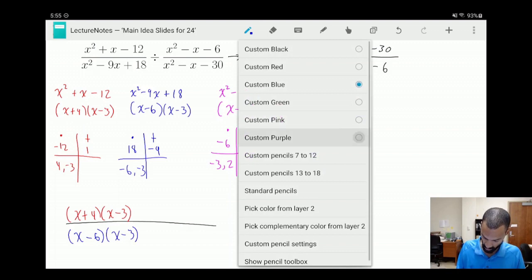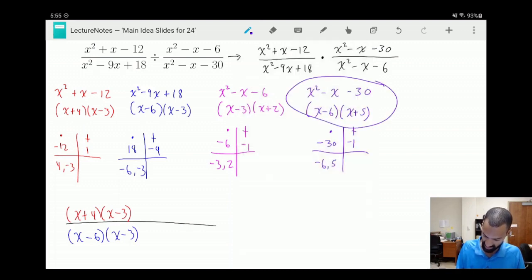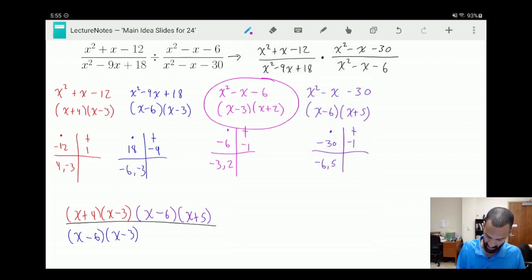My new numerator is this x squared minus x minus 30. That's x minus 6, x plus 5. And then my new denominator is this x squared minus x minus 6. That's x minus 3, x plus 2.